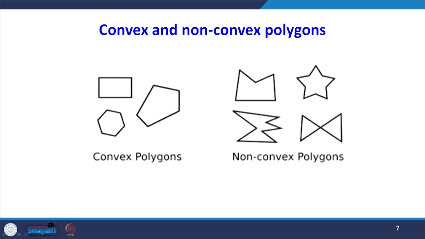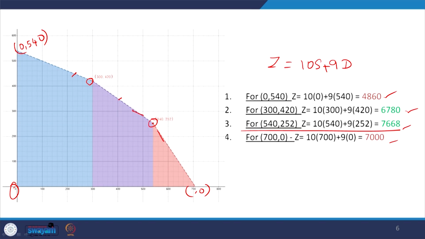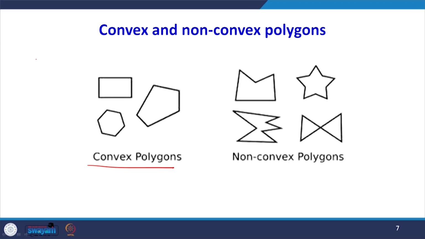Here one important point you should know is that the feasible region should be a convex polygon. Okay. What is a convex polygon? Here when you go back, see, this region is convex. Some examples of convex polygons are a rectangle, like this shape.